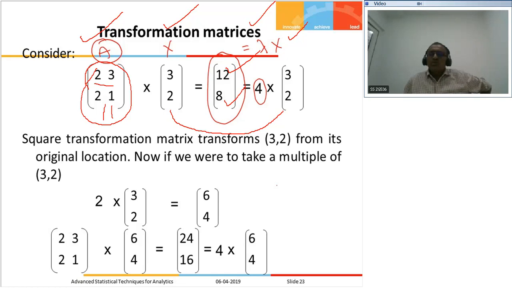Here, whenever we have vectors, two types of transformations we look for. One is scaling, the other one is rotation, right? Suppose I take some x, y kind of thing, and here I have a vector. Now I'm not going in depth, I will just touch upon it. Now this is another vector, right?